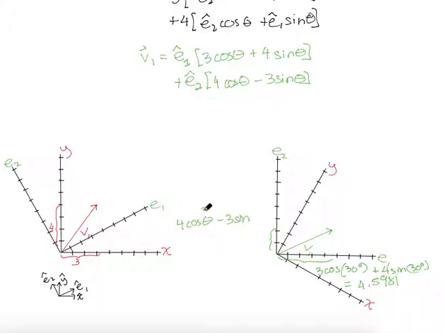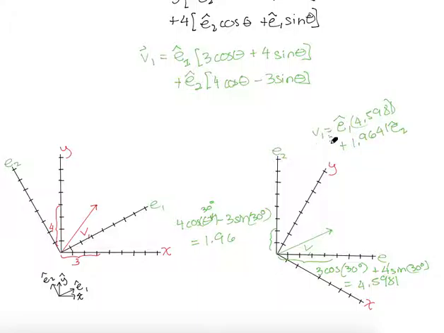Oh, this is 30 degrees. And that's going to be equal to 1.96. So V1 expressed in this space is going to be 4.5981 E1 hat plus 1.9641 E2 hat.